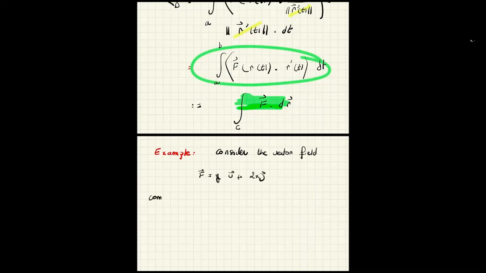Okay, compute the work done by F from (0, 0) to the point P along, well, in the example, if you go to my notes, I gave you 3 paths, and you will have to do it for each path.